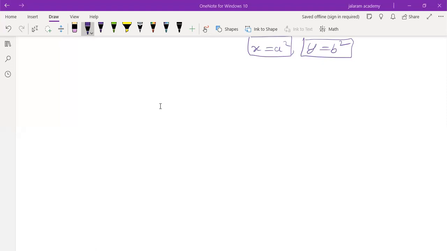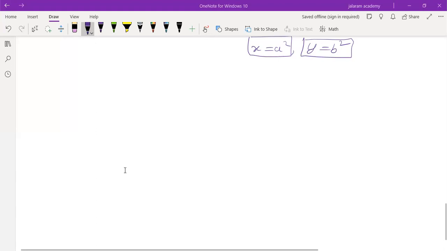State again. So x upon b1c2 minus c1b2 equals y upon c1a2 minus a1c2 equals minus 1 upon a1b2 minus b1a2. It's so easy. Are you there? State again.